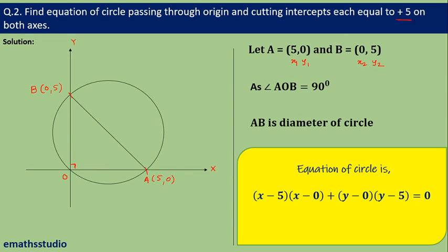On simplification, this equation becomes x² + y² − 5x − 5y = 0. So this is the equation of the circle. Now to get this equation, we use the diameter form as AB is diameter. Now how I come to know that AB is diameter? Because angle AOB is 90 degree. So this is based on diameter form of the circle.